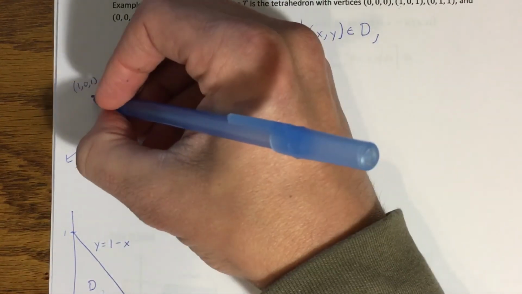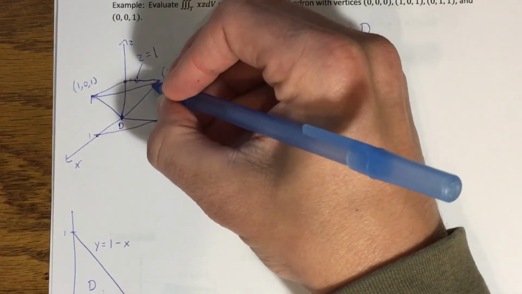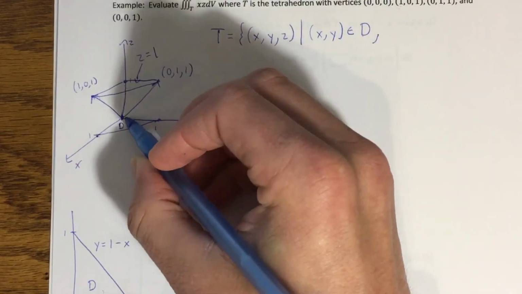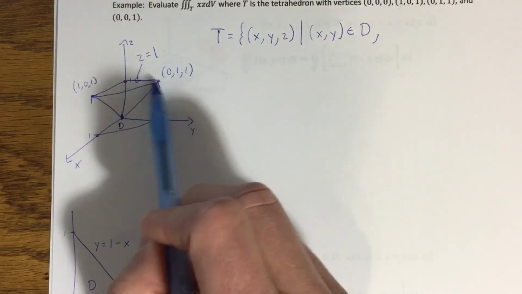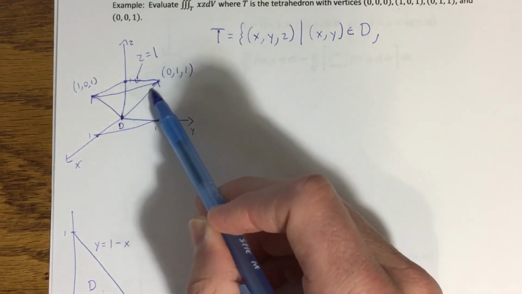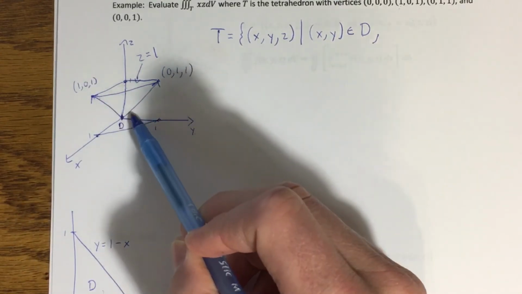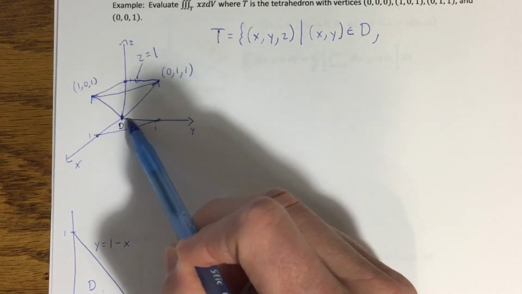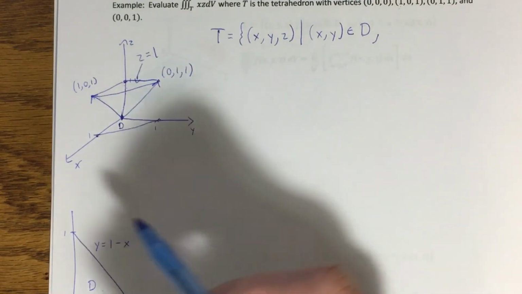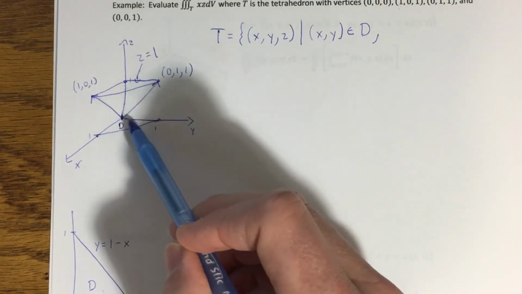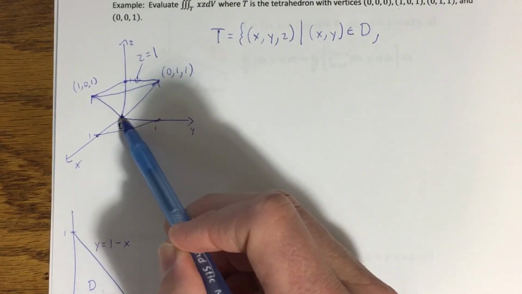Well, the two vectors I could use are the vectors with initial points at the origin and terminal points at these two vertices right here. I can see that if I construct vectors out of these edges of the tetrahedron, both of them lie in that triangular face right there. Not only that, they're already set up as position vectors because their initial point is at the origin.